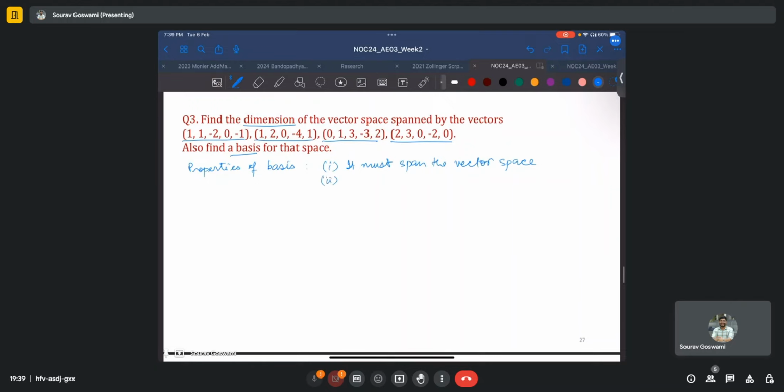And secondly, the vectors in the basis should be linearly independent. Now, this first condition is already guaranteed by the question because we are told that these given four vectors span the vector space. So this is already taken care of.